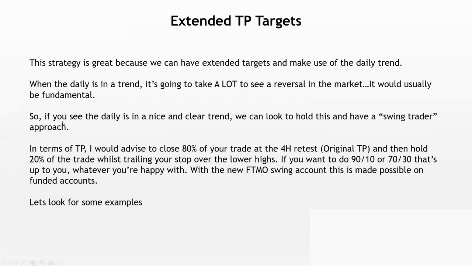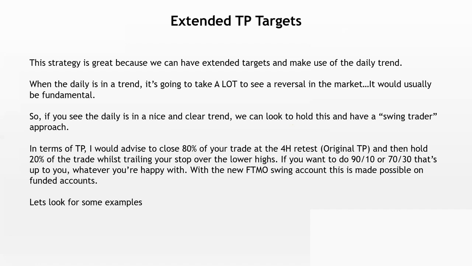So if you see that the daily is a nice and clear trend, we can look to hold the trade and have more of a swing trader approach. So in terms of your take profit level, I would advise, if you are in the direction of the trend, to close 80% of your position, so a bulk of it, at TP, which was the 4-hour retest, which would be our normal take profit area.